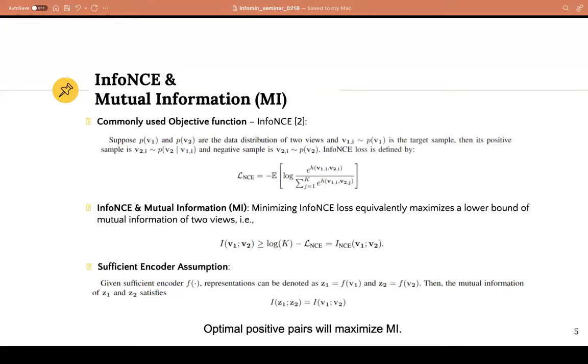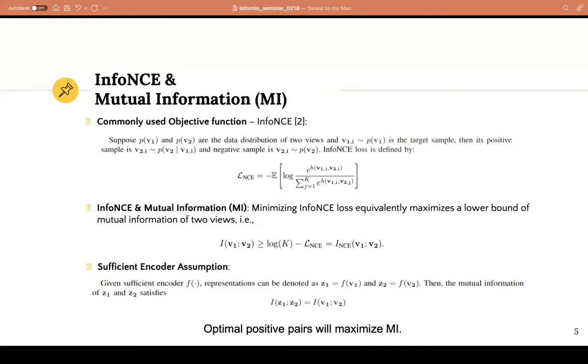Then we can get that the mutual information of Z1 and Z2 equals the mutual information of the original views.